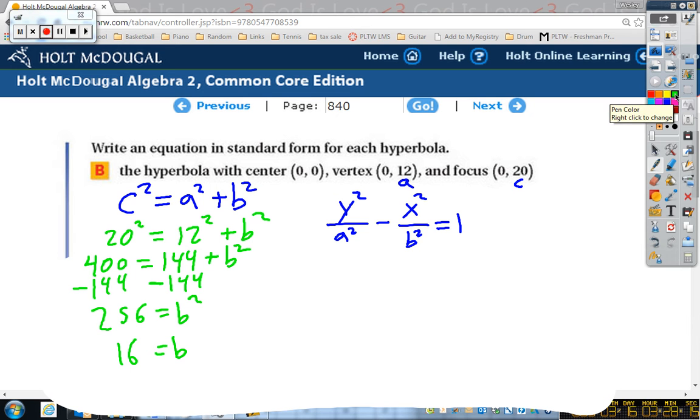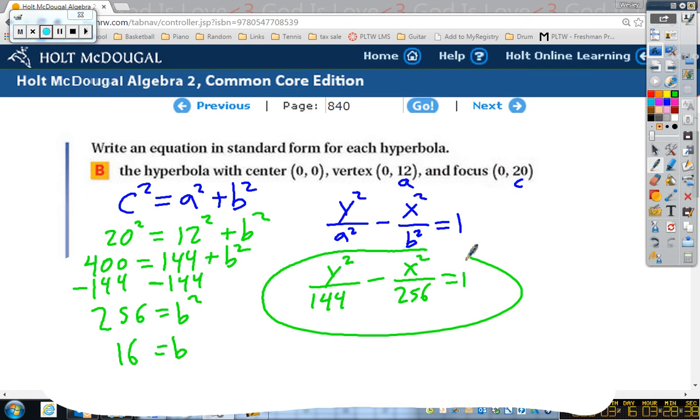So my a squared is going to be 144, so y squared over 144 minus x squared over, well, b squared is 256, equals 1. So again, here's an example where my b was actually larger than my a, and that's okay. That rhymes. All right, and so there's my equation of the hyperbola.